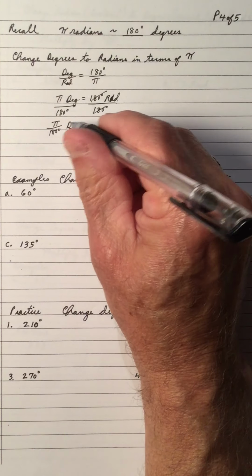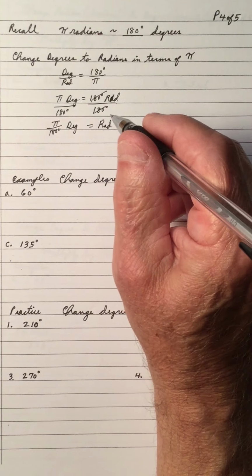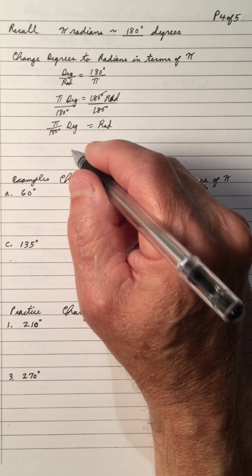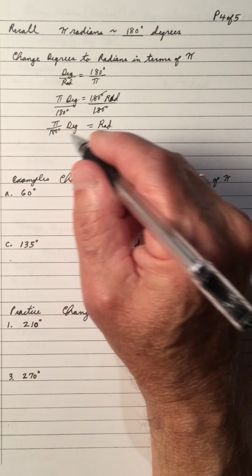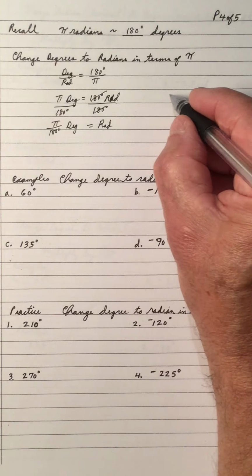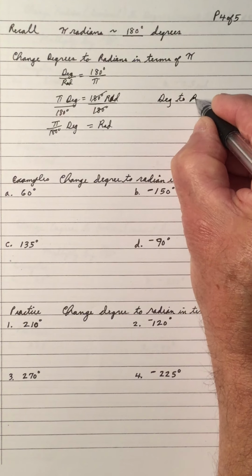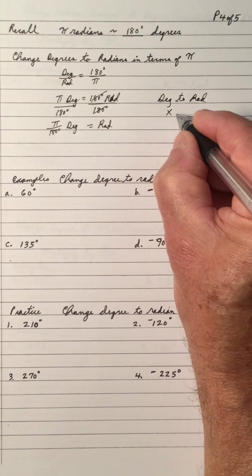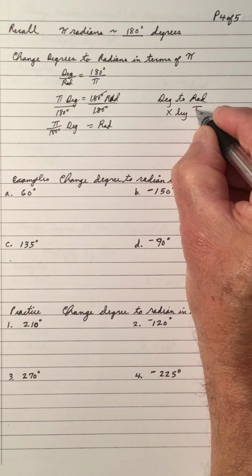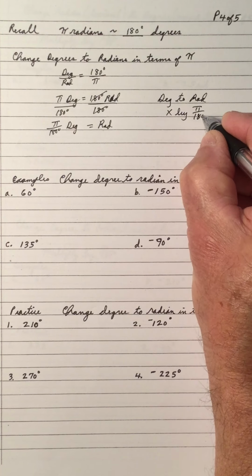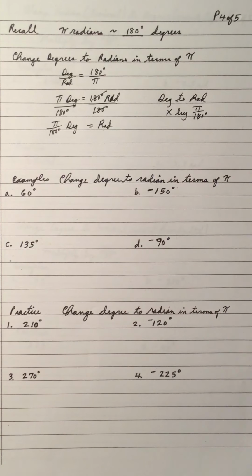Notice we have the reverse. The previous one was 180 over pi. Now we have pi over 180. So to change a degree to a radian, you multiply by pi over 180 degrees.